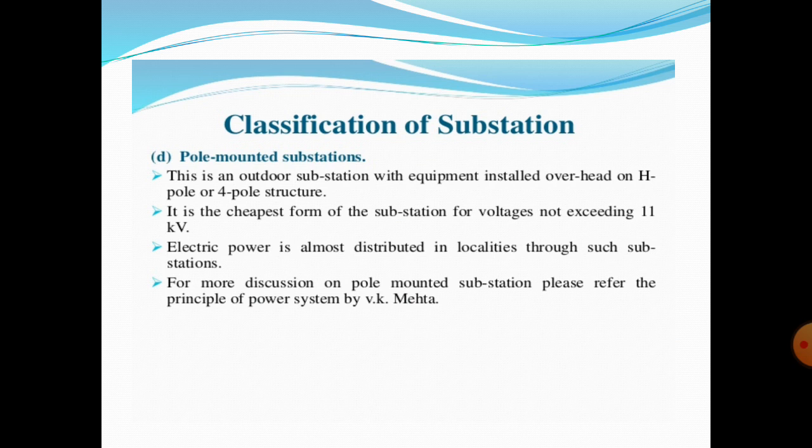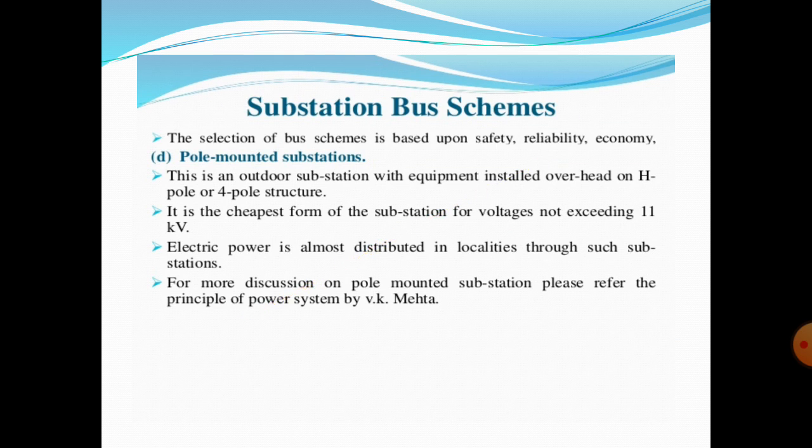In this type, the voltage level does not exceed 11 kV, and this is the lowest voltage power substation. The equipment is installed overhead on an H pole or 4 pole structure. These are distributed in localities, near load centers.